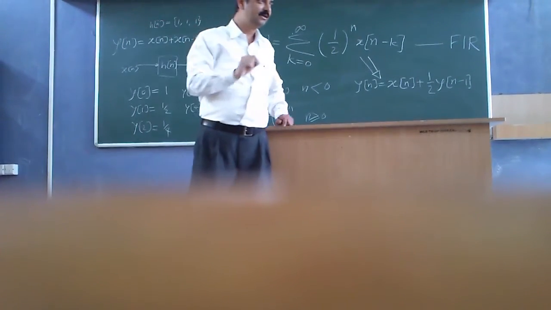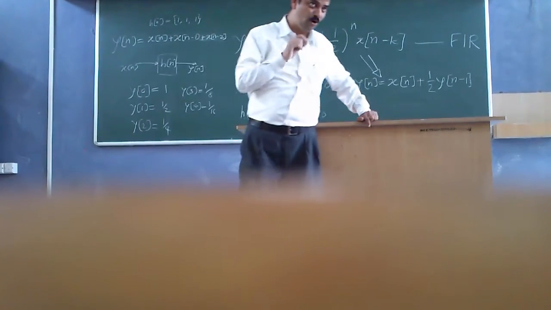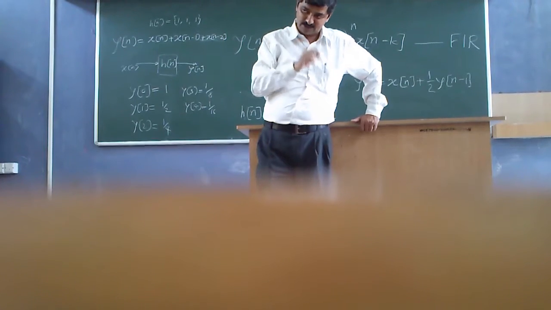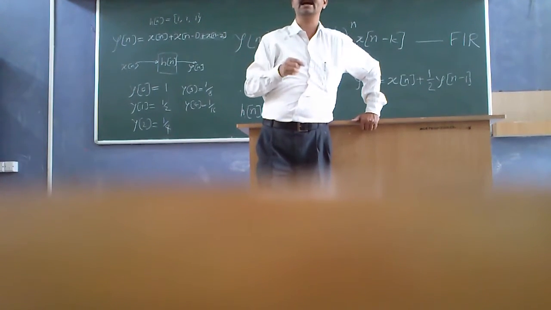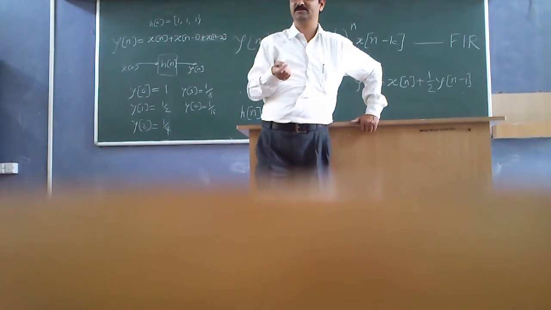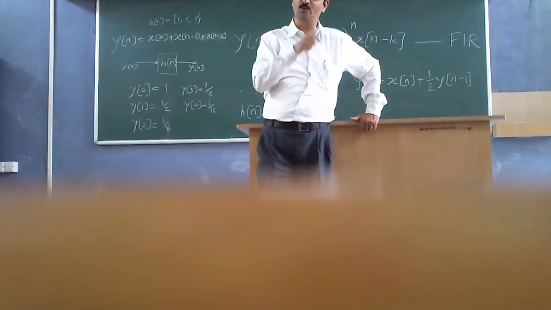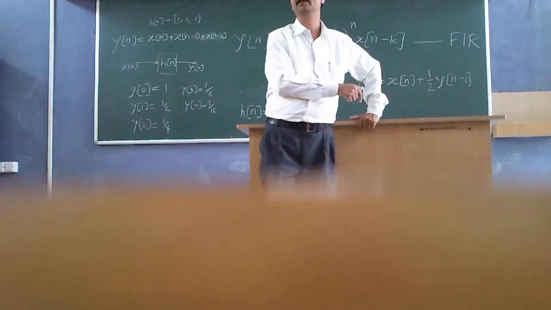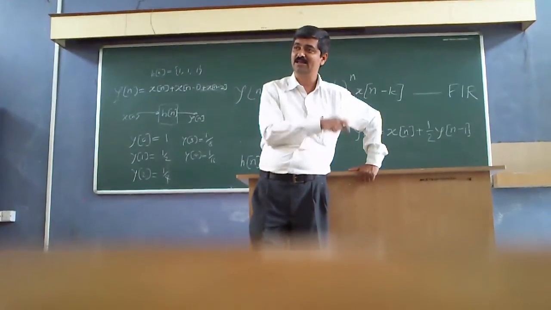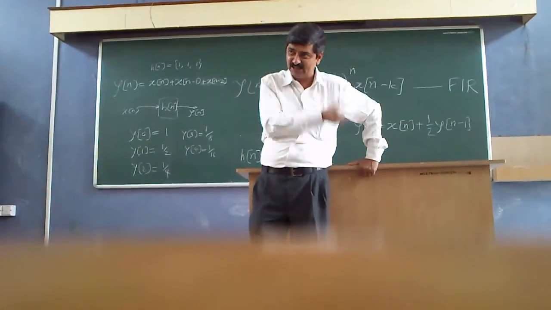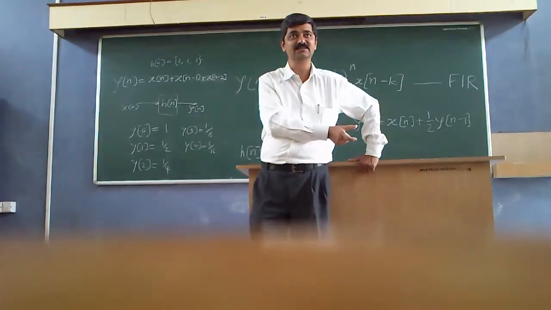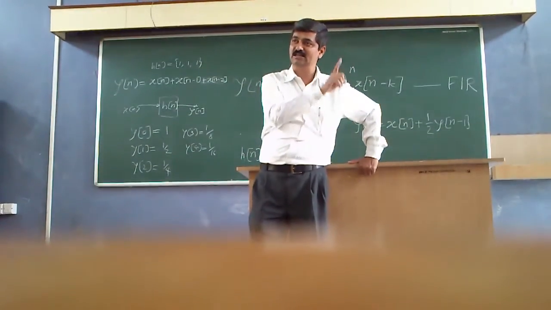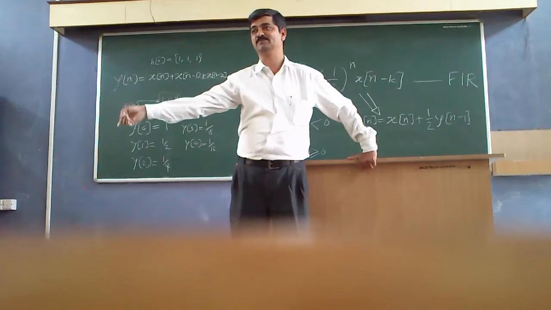Are you getting me? Here the problem in writing the equation without using y n was that it contained infinite terms. But since one previous output also comes in the equation, it is possible that that single term contains the consolidated effect of all previous inputs.